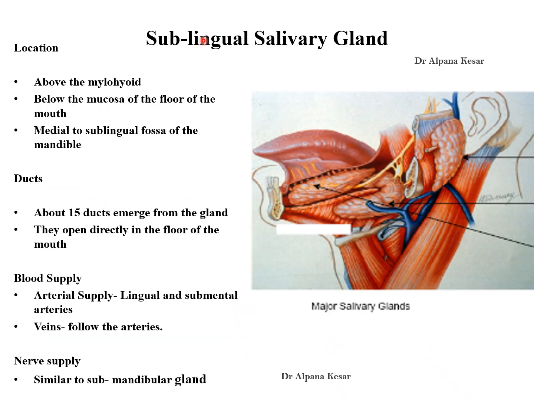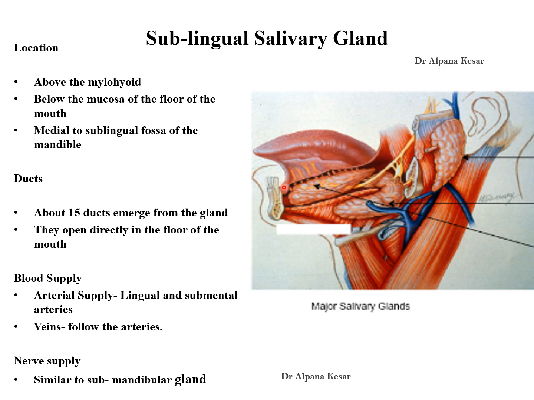Sublingual salivary gland. The sublingual salivary gland is located in the floor of the oral cavity. It has the mylohyoid muscle present below it and the mucosa of the floor of the mouth above it.